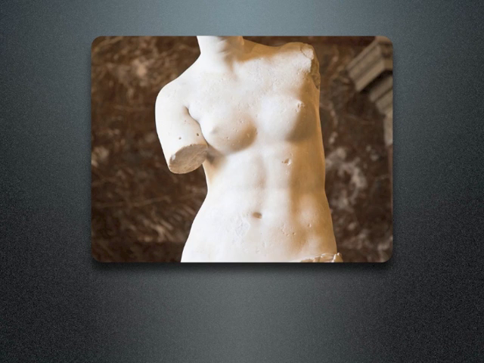Now the nipples probably are of different height in this statue, and the nipples in both cases are above the fold under the breast, so there's no sag present here. So sag is when the nipples have dropped down and they are measured beneath the fold in the breast.